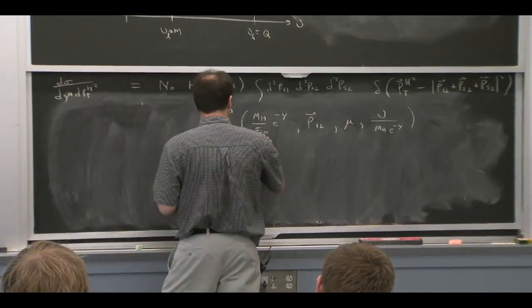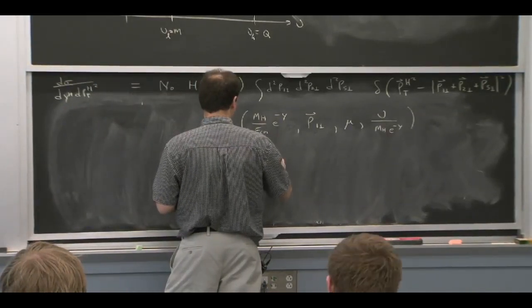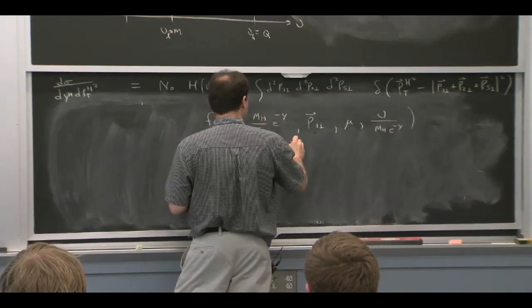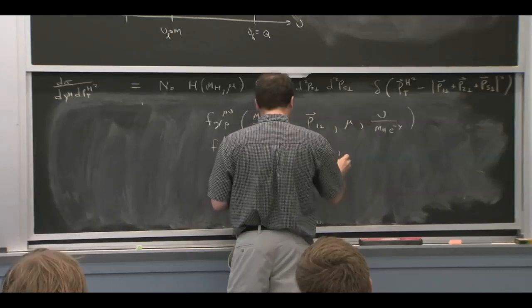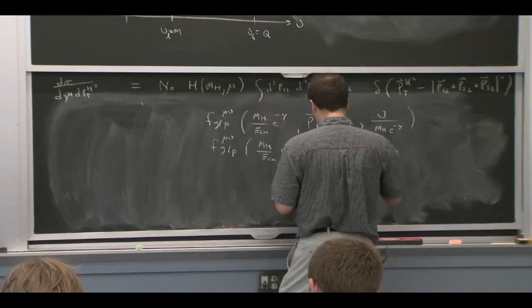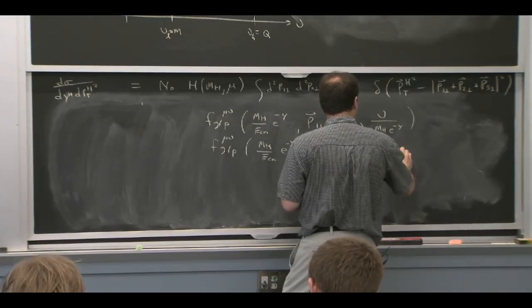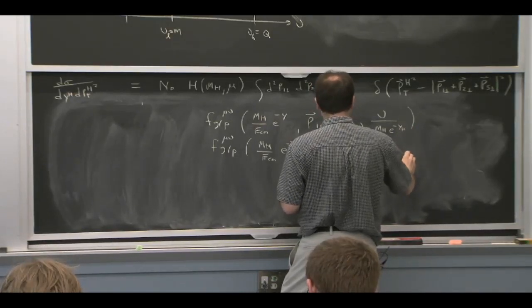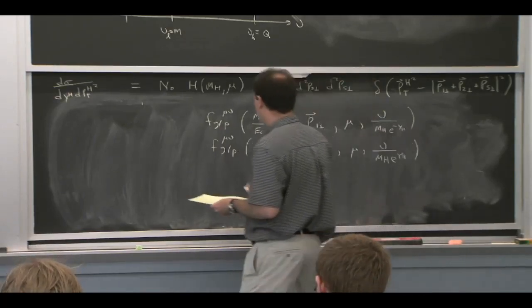But that kind of means it has 2 scalar PDFs in it. Y_H. And then there's a soft function.